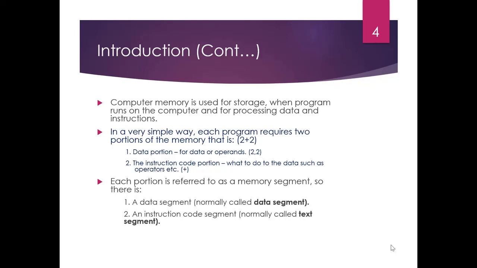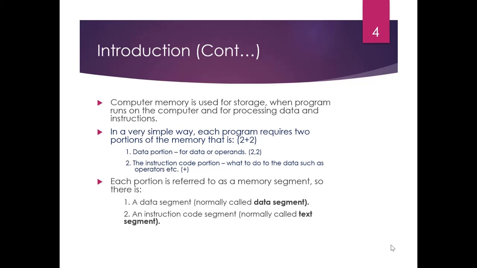Operands. When you are writing a mathematical manipulation, like 2 plus 2, when you want to store it, 2 is a data part, or we call it an operand. The instruction portion says what to do to the data, such as operators.